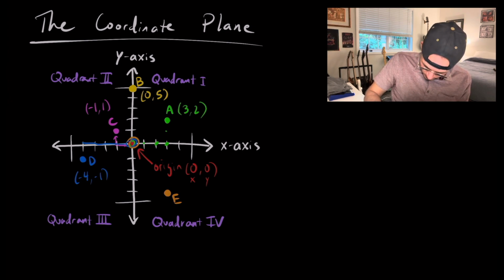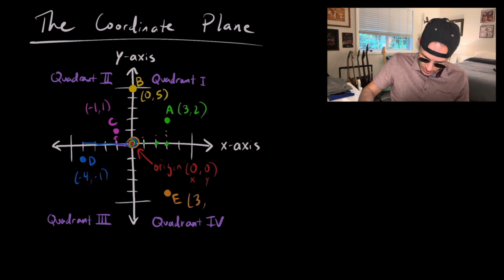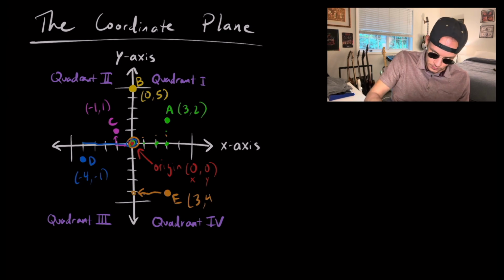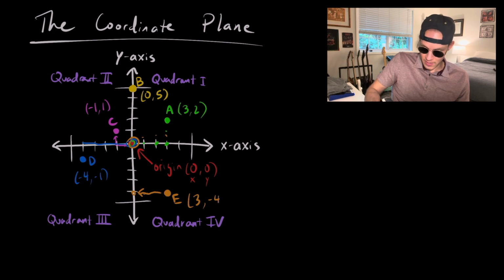Let's go to the right, 1, 2, 3. So E is going to have 3 as the x coordinate, and then down 4, right? If we just project to the x-axis, we can see that the y coordinate is 4, but since we're going down, it's actually going to be -4.